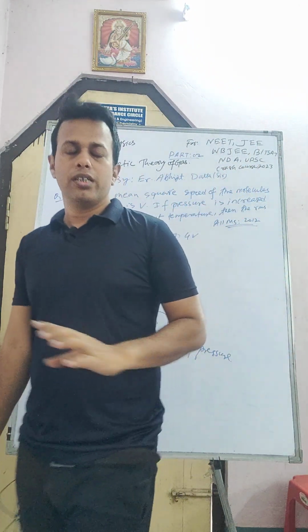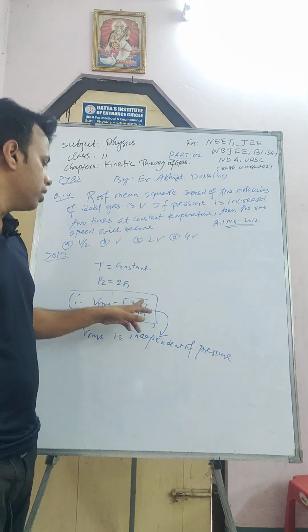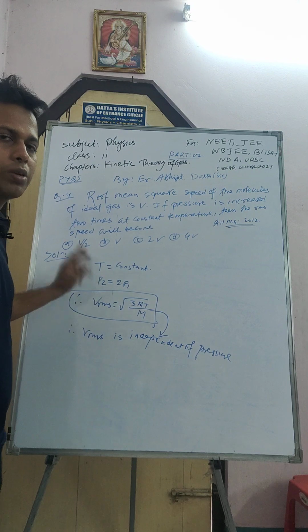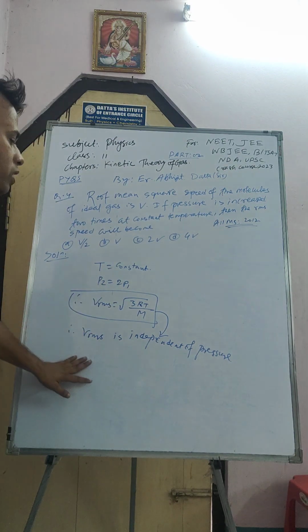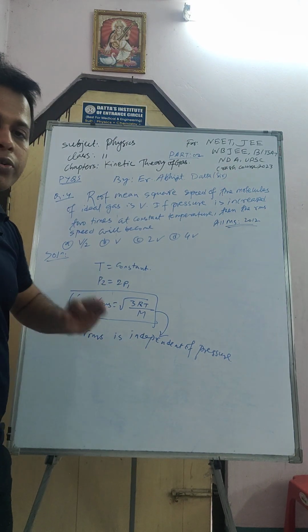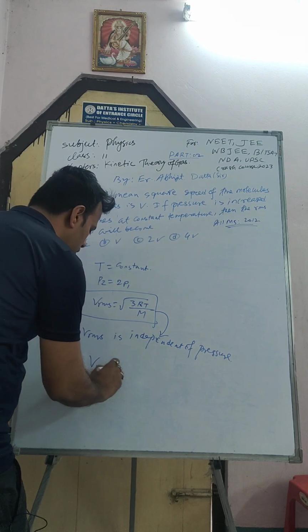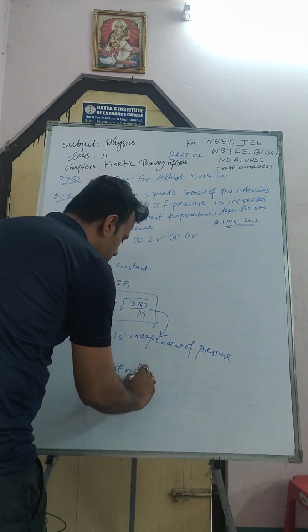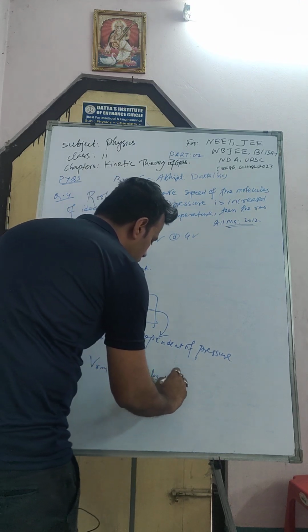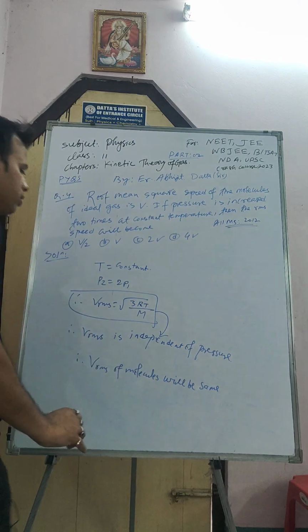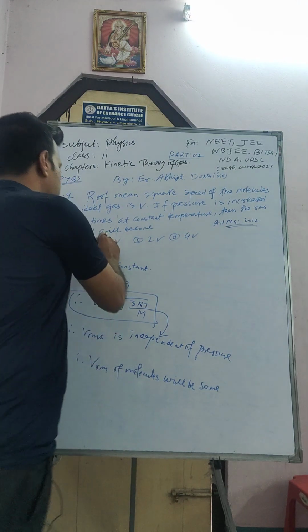RMS speed depends only on the temperature and molecular mass. So here temperature is constant and pressure is doubled, so RMS speed will not change. The Vrms of the molecules will be the same. Okay, so option B is the correct answer.